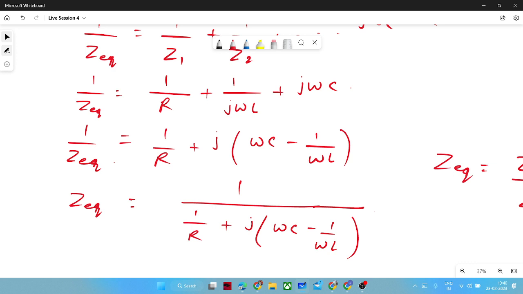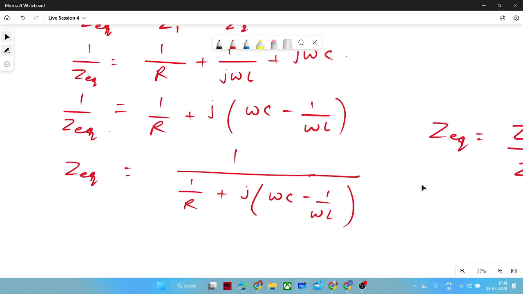If something else in parallel is resistive, then that might be irrelevant. And if something inductive or capacitive is there, then definitely your condition will hold. Correct. But if it's resistive, then the resistance becomes irrelevant. Sir, what is the angle for this?